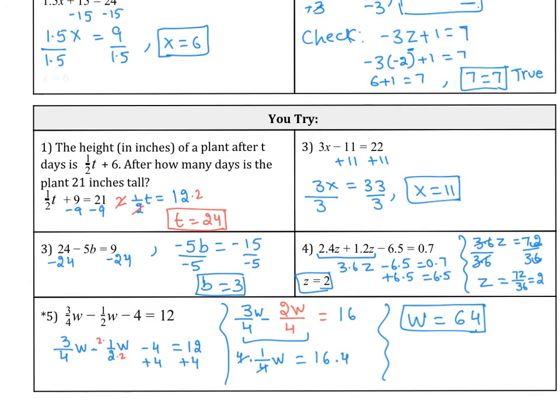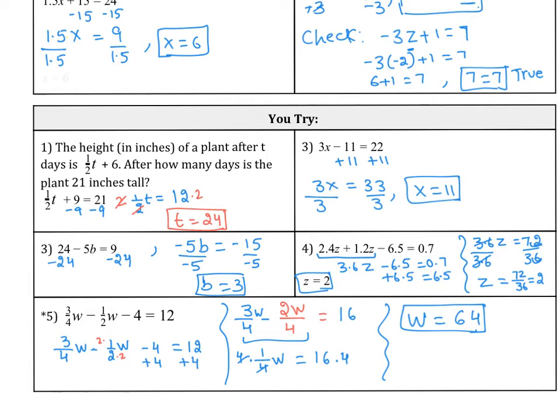The first question for the try problems is that the height in inches of a plant after t days is 1 over 2t plus 9. After how many days is the plant 21 inches tall? So the equation is 1 over 2t plus 9 equals 21.